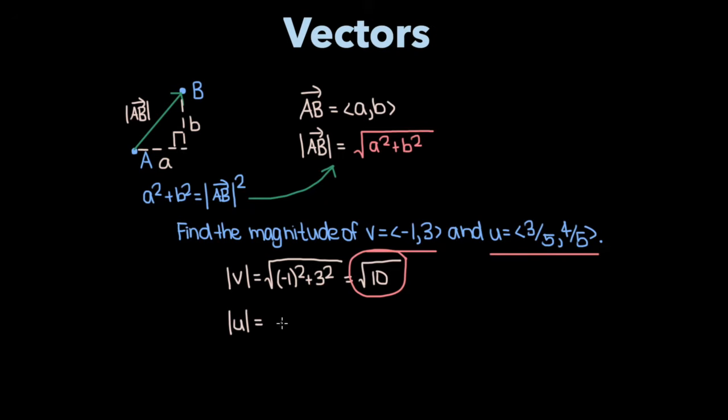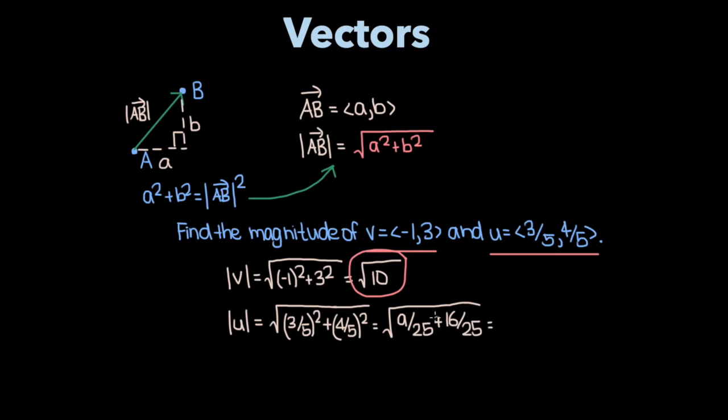Alright, now let's do the same for the vector u. The magnitude of u is going to be equal to the square root of its horizontal component 3/5 squared plus its vertical component squared. This is equal to the square root of 3/5 squared is 9 over 25, and 4/5 squared is 16 over 25.